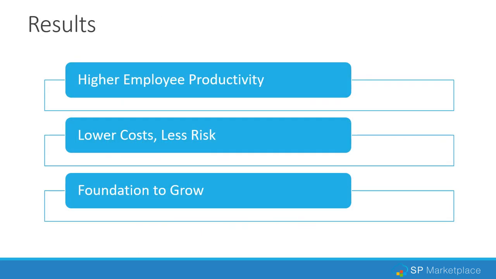So when we take a look at it overall, what you're going to see from going to a digital workplace is incredibly higher employee productivity because you now organize things. You've now defined how you're going to do business internally. You're going to see a lot lower costs because people are spending their time focused on their main job, not looking for things, looking for services, wondering what happens in the chaos.